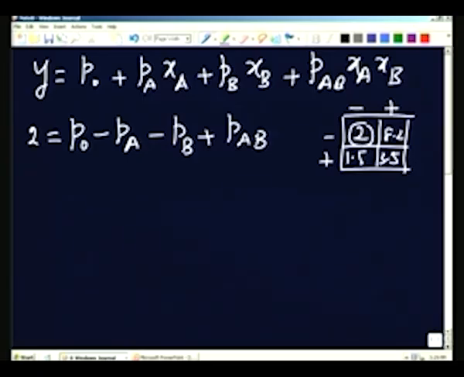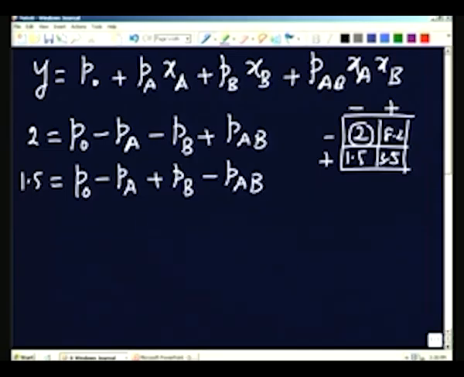The next one, 1.5. P naught does not change, that is a constant. The value is minus P A plus P B. Now, this becomes minus P A B, because the product of X A and X B is now minus into plus is minus 1. The third one is I am going to have 8.2.